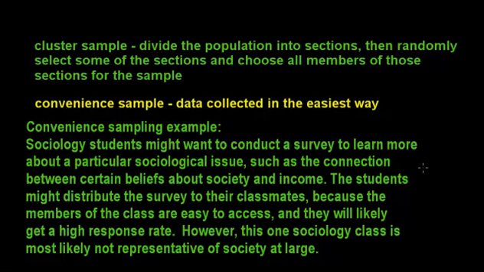They're going to get a high response rate because they're all helping each other with the project. But this one sociology class is most likely not representative of society at large. So, it was convenient. They get some results, but does that class represent the true population that they were interested in? Probably not. So we want to be aware that sometimes data is collected this way.